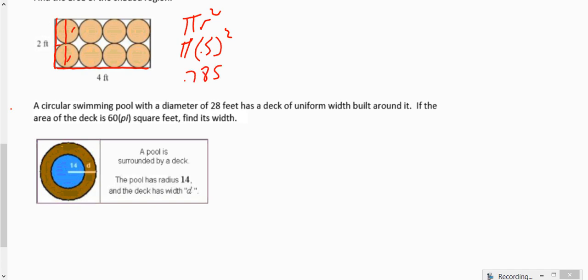And there's 8 of those circles, right? So we take that times 8, because they're all going to be the same, and that would give us 6.28 feet squared. So since they're all the same shape, we just find one and take it times how many there are. And we are not going to do this one, so this would end the first video.